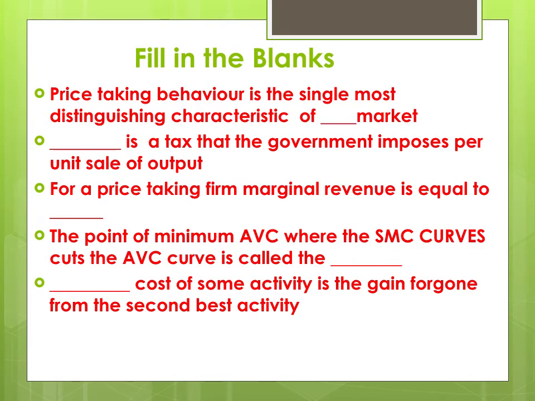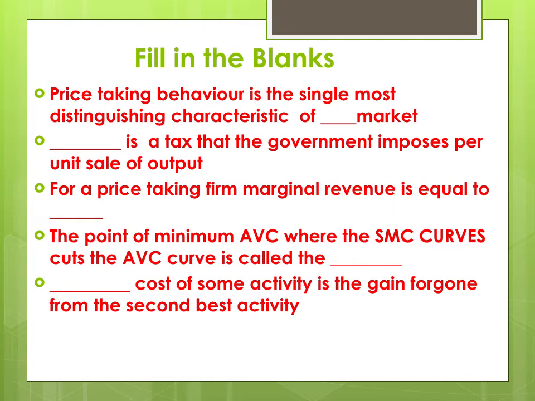The next section of part A is the fill in the blanks. And the fill in the blanks are as follows. Price taking behavior is the single most distinguishing characteristic of the dash market. Dash is a tax that the government imposes per unit sale of output. For a price taking firm, marginal revenue is equal to dash.